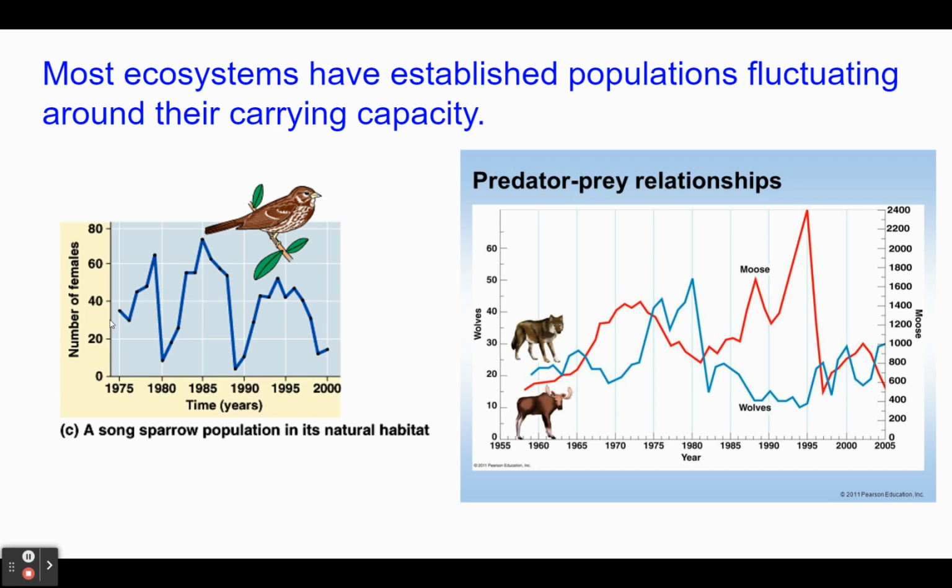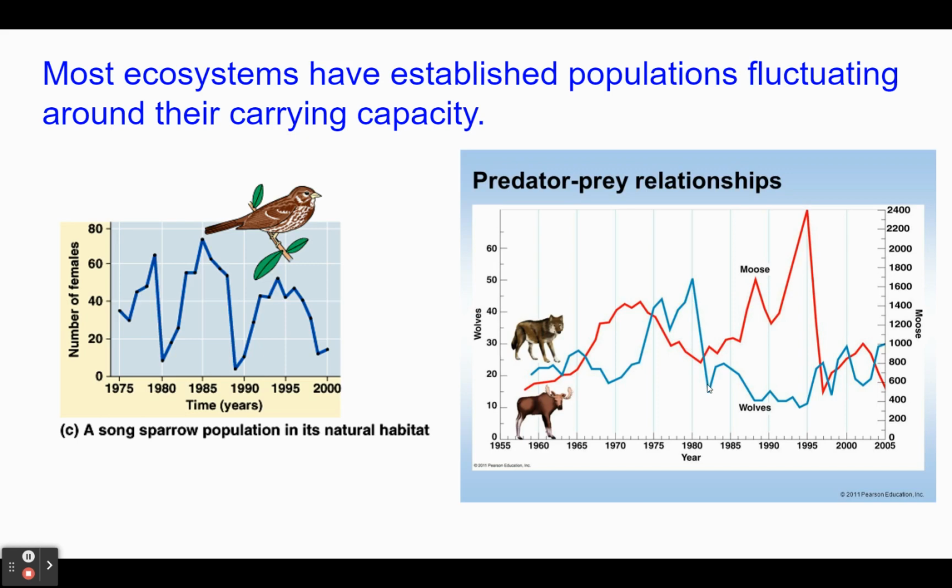And as the moose population crashes, well, now there's too many wolves around and not enough moose to feed them. So our wolf population is going to crash as well. And we won't really see that crash until sometime after the moose population starts declining. So that's why we see a lag between the decline in the moose and then a decline in our wolf population.